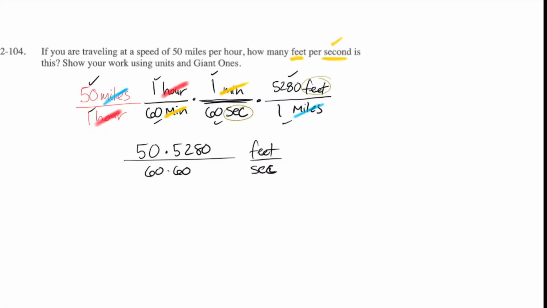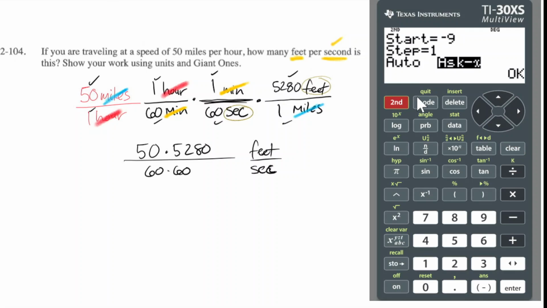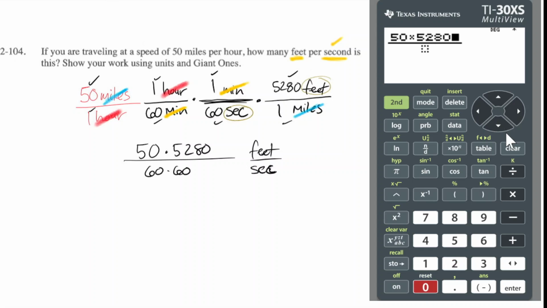In the numerator, I'm going to go ahead and place 50 times 5280. And then in the denominator, I'm going to place 60 times 60. By the way, that's the same as 60 squared. And when I press enter, it says, that's nice.